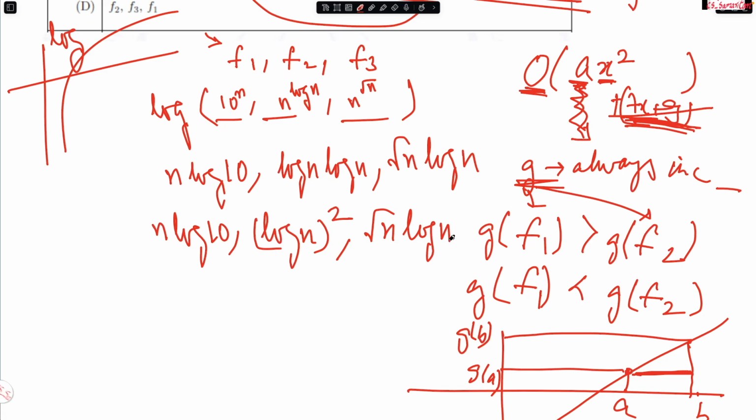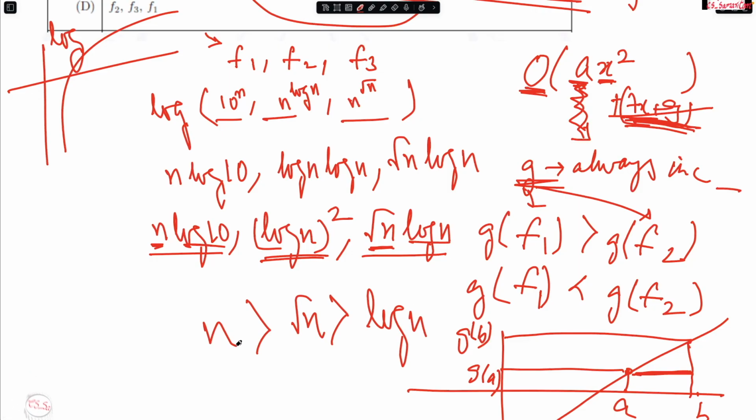Over here, this and this may have some ambiguity, because this 10 is a constant, and for this n and this root n times log n, we don't really know. But this log n square is going to be less than this one, because root n has a greater growth rate than log n.